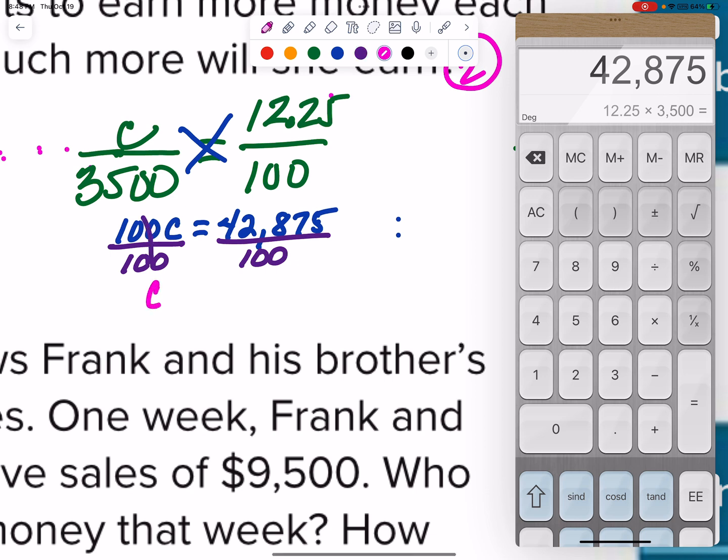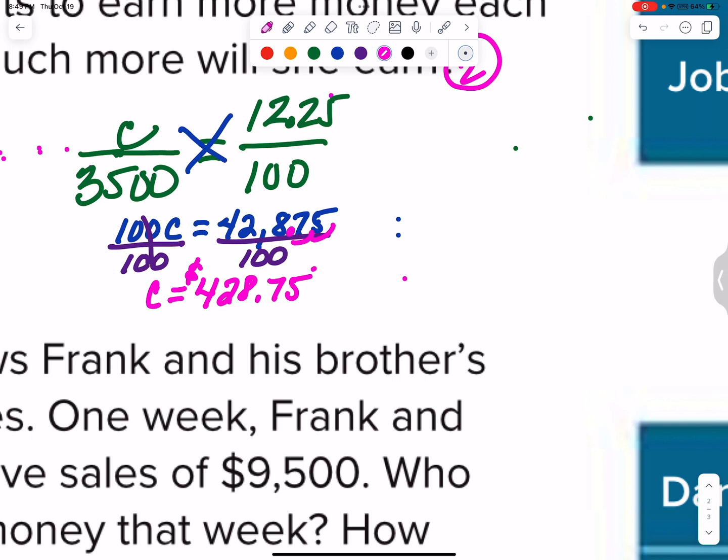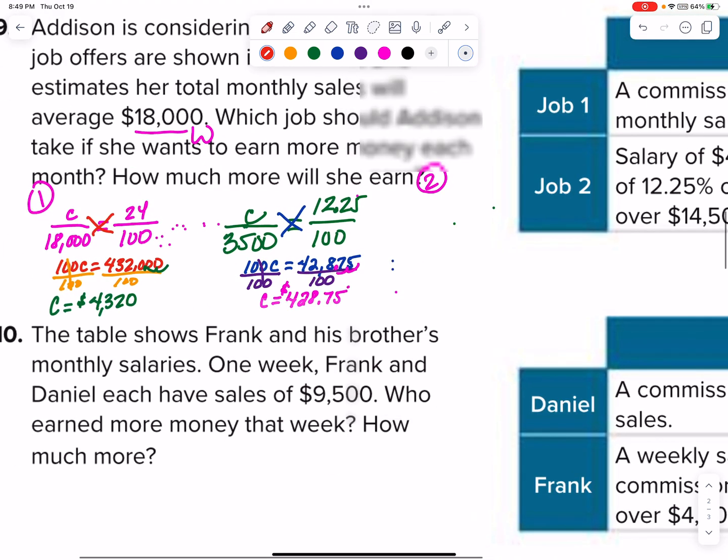All right, and so my commission on this one is $428.75. Oops, I got to get my money symbol there. Look at my dots everywhere. It's like a New Year's Eve party. Jeez, confetti. All right, so my commission is $428.75.